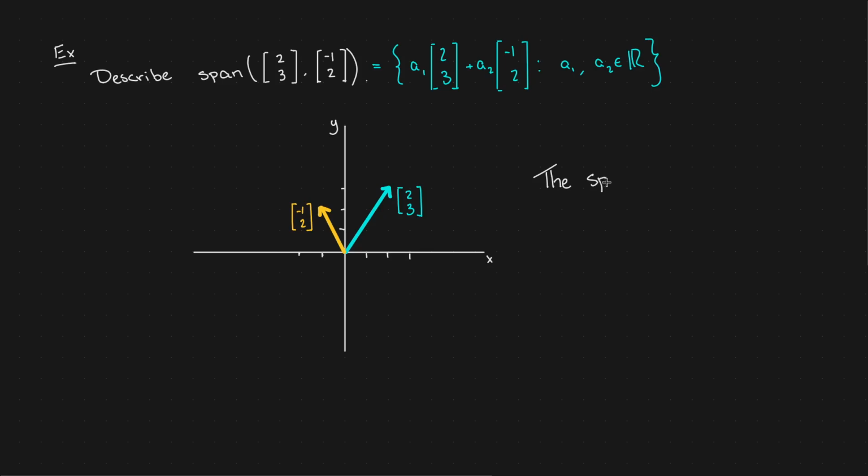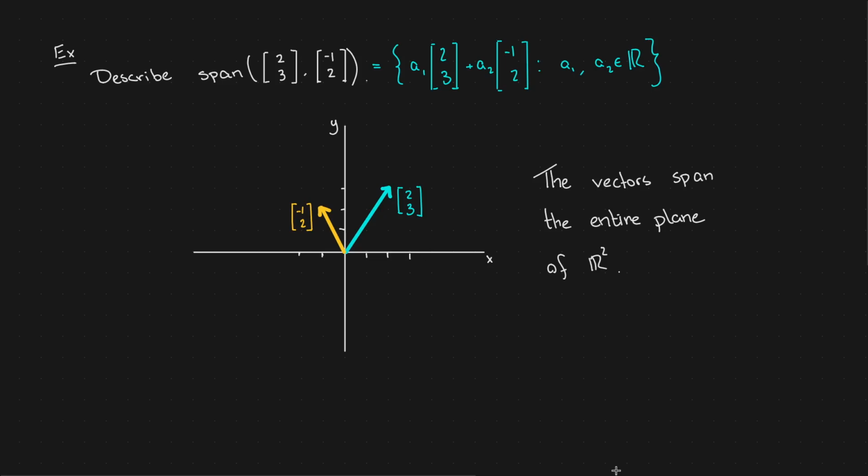Let's put it this way, the vectors span the entire plane of R2, the entire two-dimensional space.